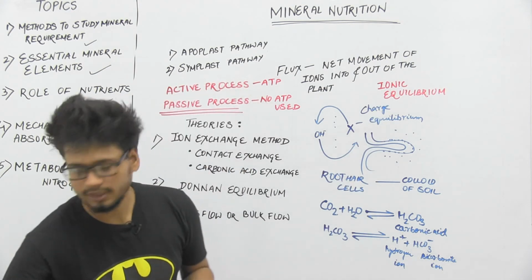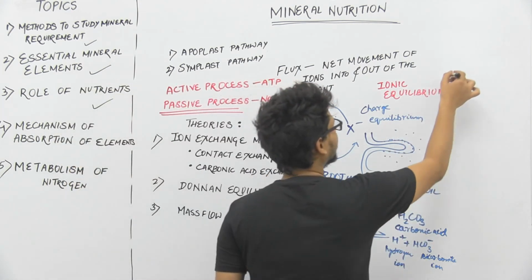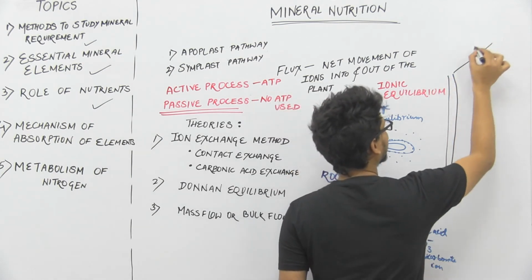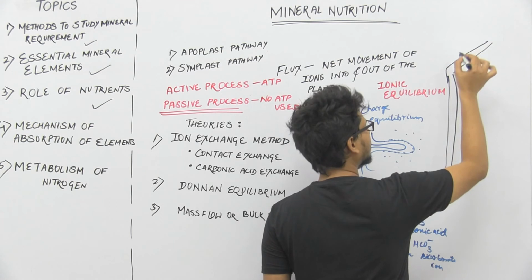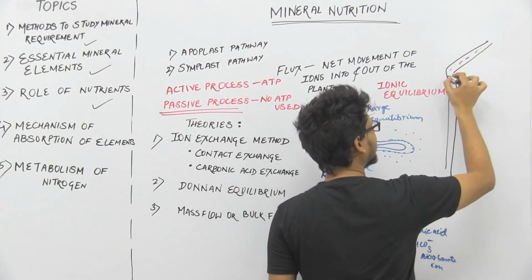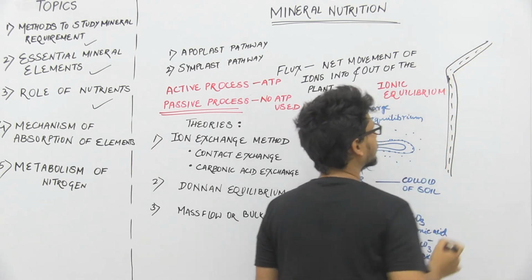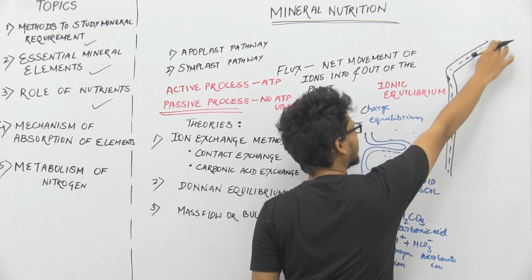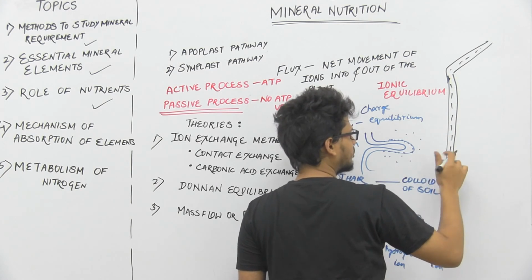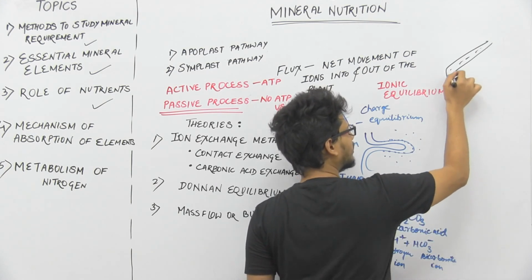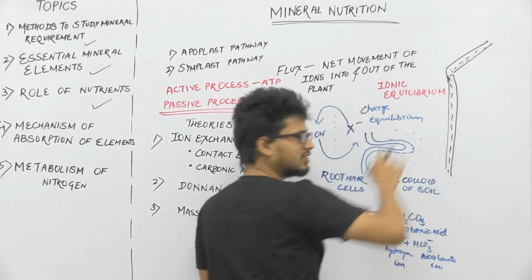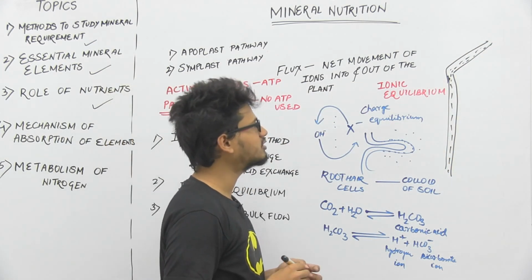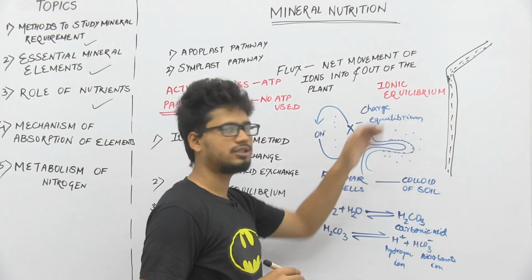Column means it's present in a very long continuous stream or flow. Let's say all of this is filled with water. As soon as you pull water from here, this does not break, it keeps on going until it reaches the aerial parts of the plant. So in this way transpirational pull maintains a continuous stream of water.